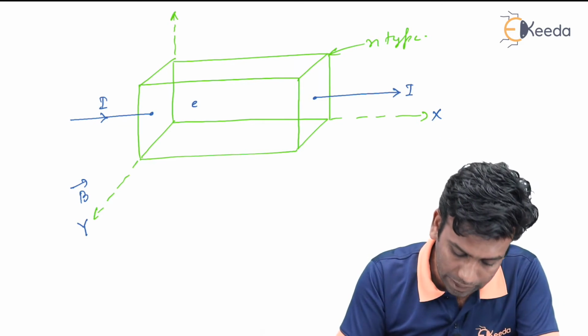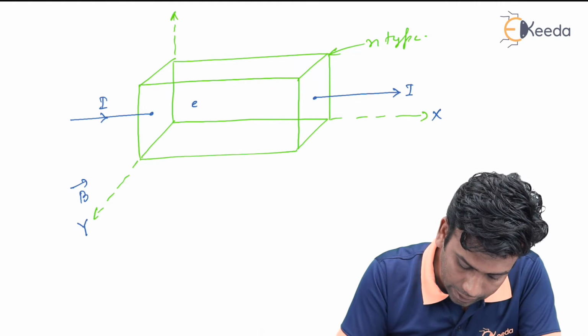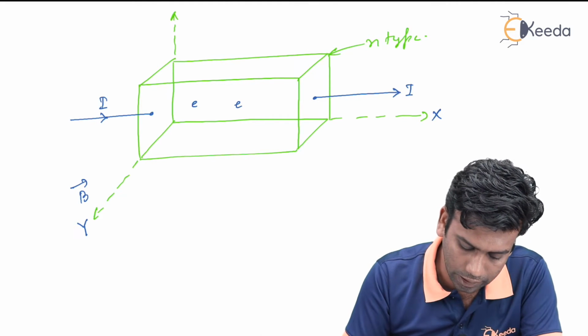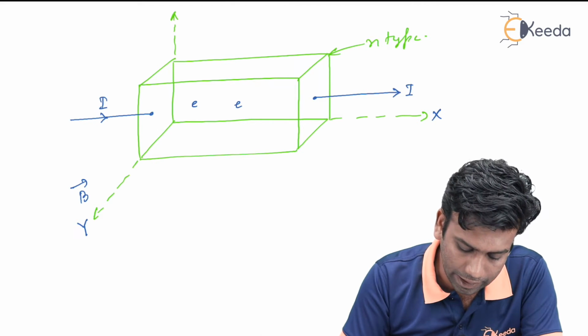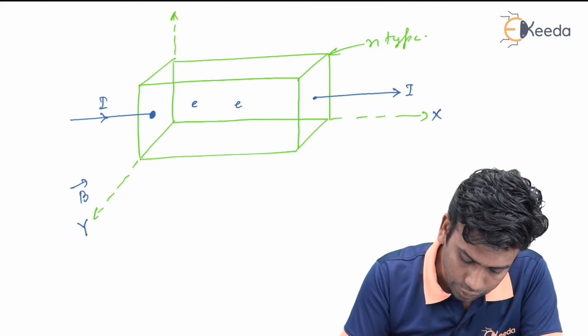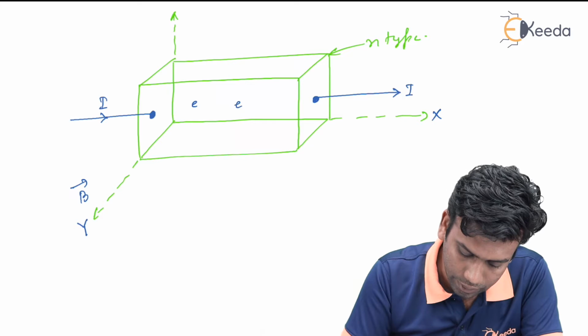There will be lots of electrons inside the n-type semiconductor, and they will carry the current from this point to this point.